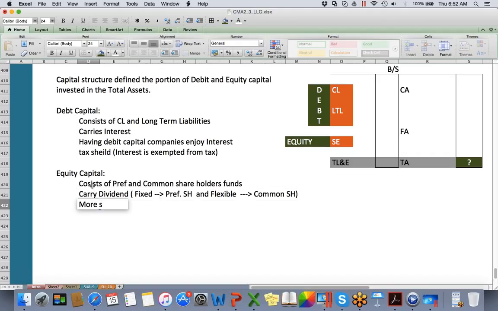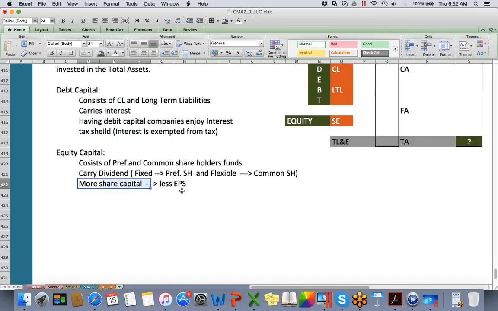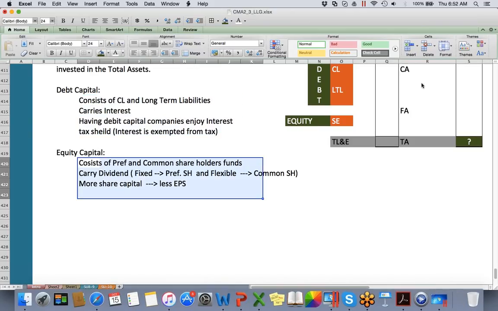More share capital leads to less EPS, earnings per share. So if you have more debt, you will have more interest burden and more covenants. If you have more share capital, EPS will be less, so shareholders are not happy. So you need an optimum capital structure which will balance the plus and minus of these issues.